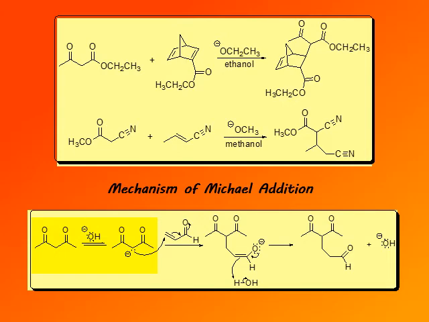That enolate anion, as a soft nucleophile, adds to atom 4 of the enone system, and that results in formation of another enolate anion, which is protonated to give the final product.